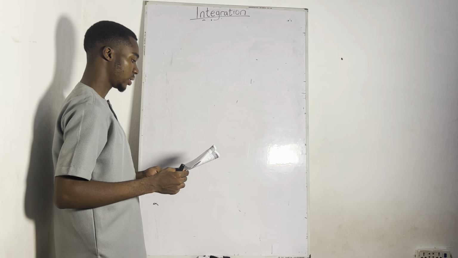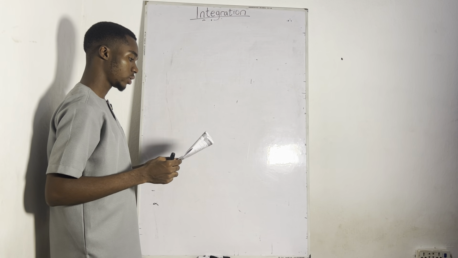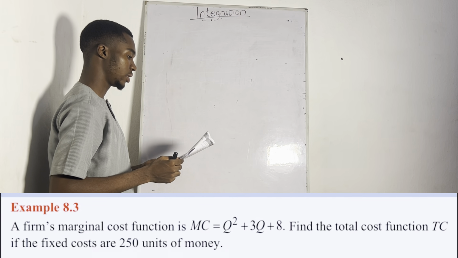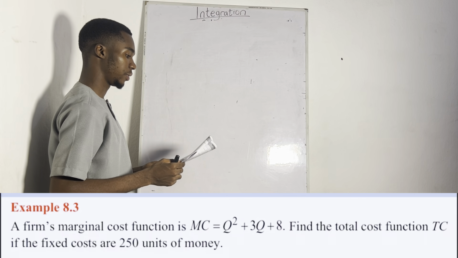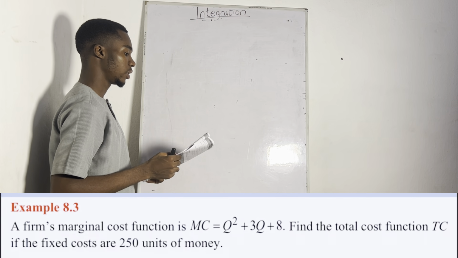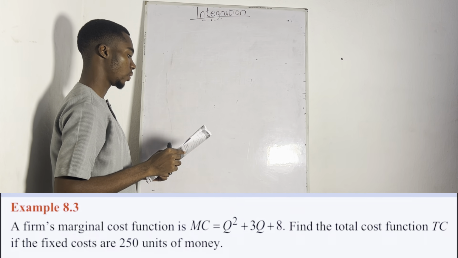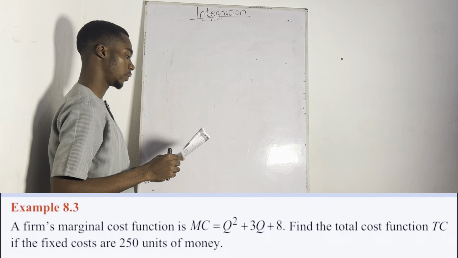So the question says a firm's marginal cost function is MC is equal to Q squared plus 3Q plus 8. Find the total cost function if the fixed costs are 250 units of money.